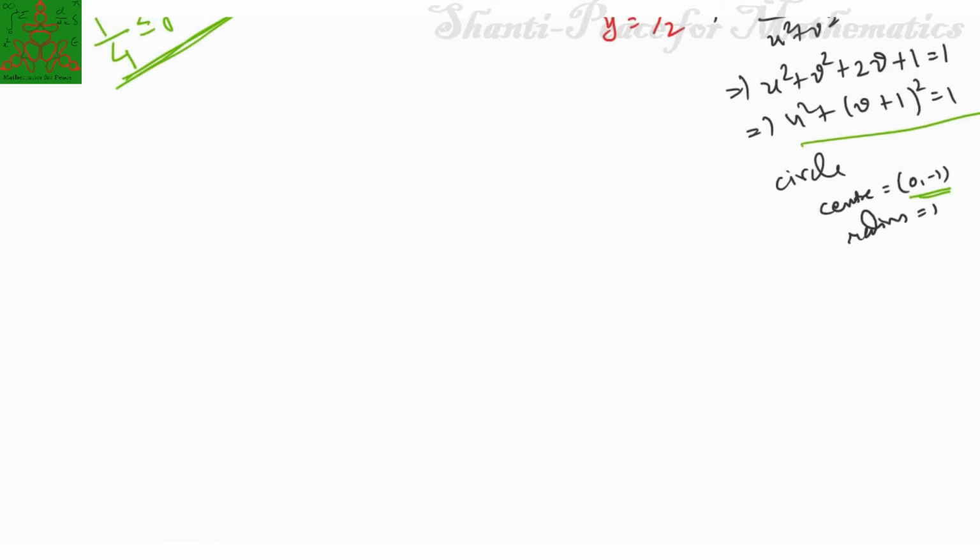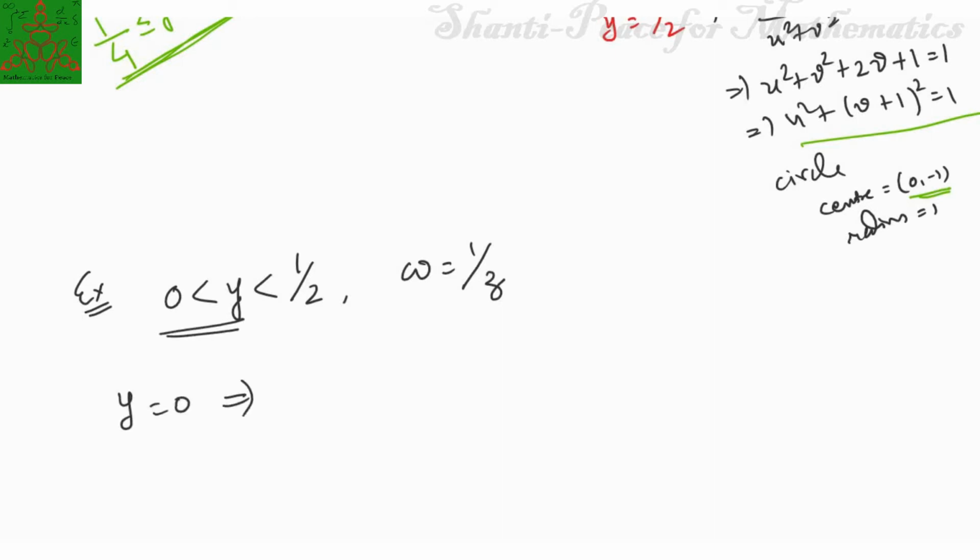Let's give you one more example. Find the image of the strip 0 less than y less than 1 by 2 under the map w equal to 1 upon z. In a similar manner, let us calculate the image of y equal to 0. As we have already calculated, the value of y in terms of u, v is minus v upon u square plus v square.